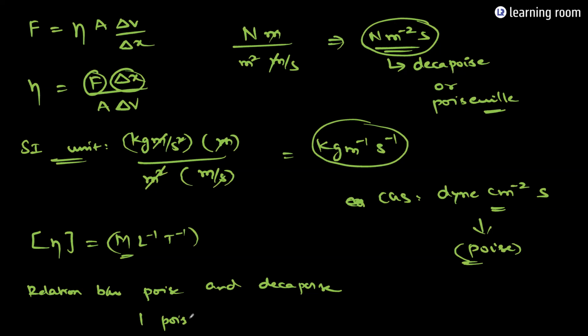So 1 poise will be equal to 10 decapoise. So poise or decapoise is another unit for coefficient of viscosity. Clear with this?